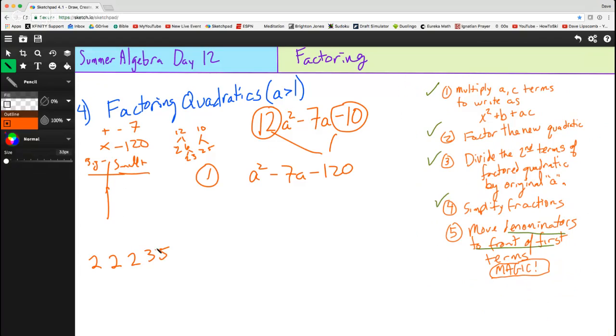The negative's bigger, so let me try these ones and these ones. The smallest, the positive, negative 15. Oh, well, I got it right off the bat. Okay, good. So now I know that this is 8a minus 15.